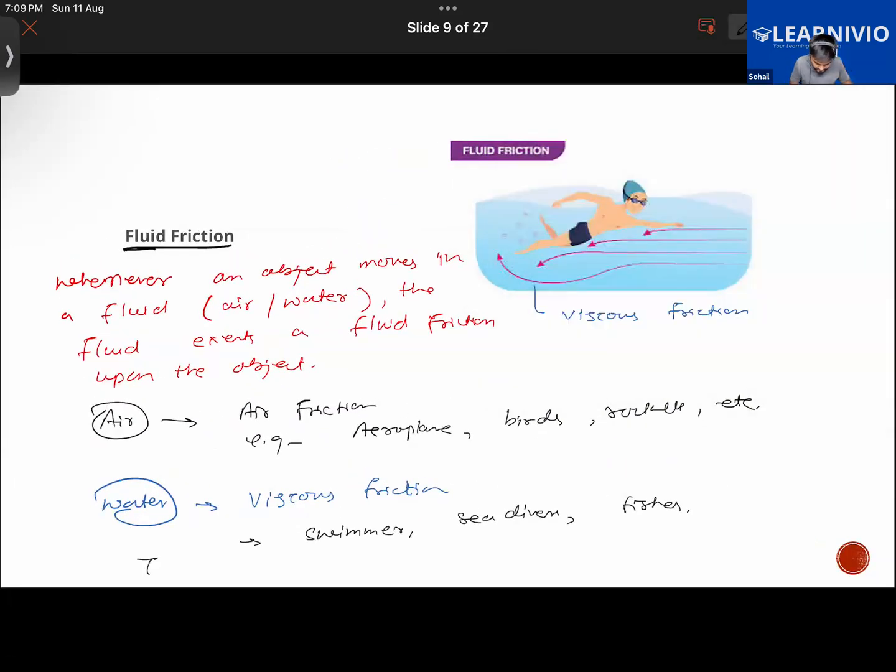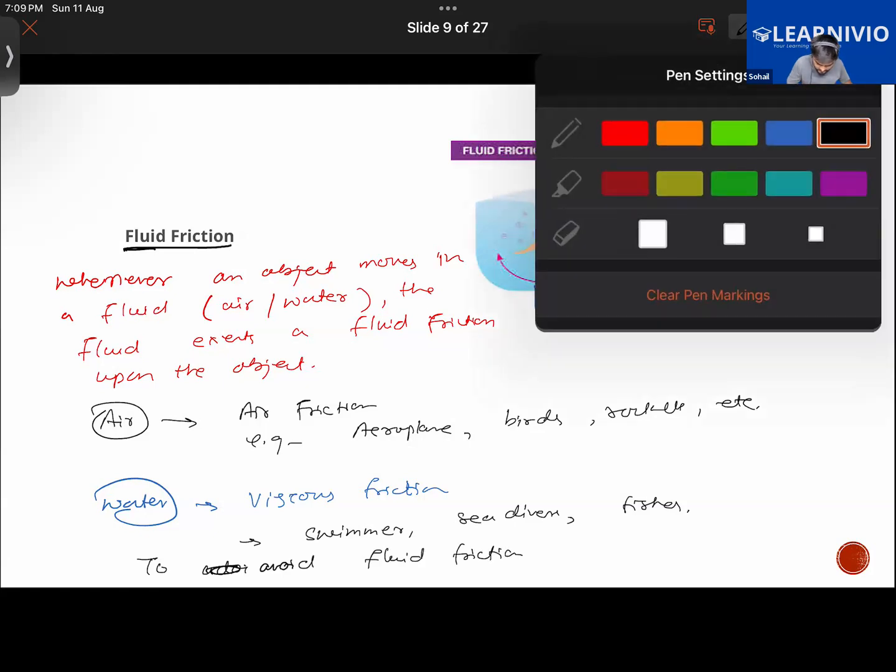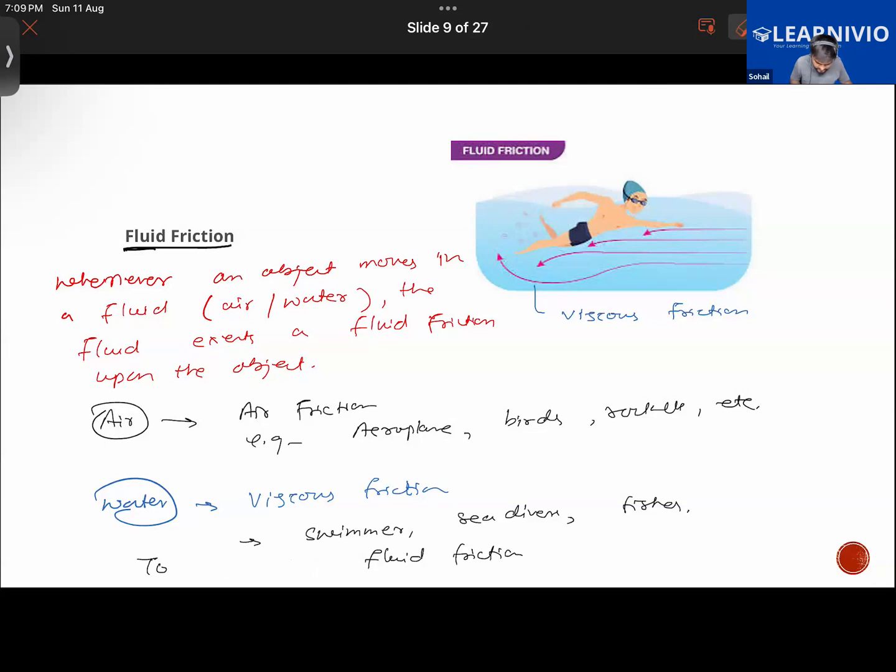So to avoid fluid friction, it won't be proper to say avoid, but it would be proper to say to reduce. So to reduce fluid friction, objects or organisms have a streamlined shape.